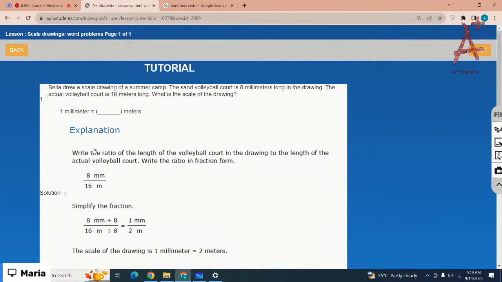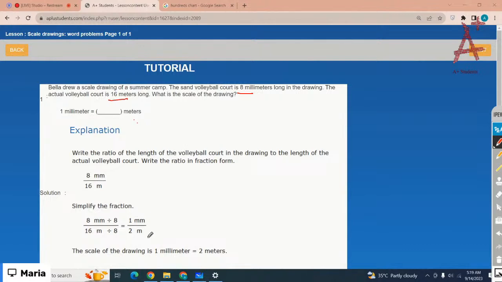How do you find the scale? Form a proportion between the drawing and the length of the actual value. The drawing is 8 millimeter long, right? And original value is 16. So it is 8 millimeter divided by the 16 meter, right? Just simplify this fraction.